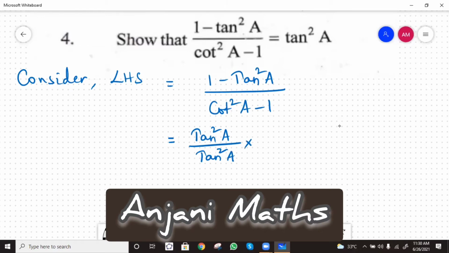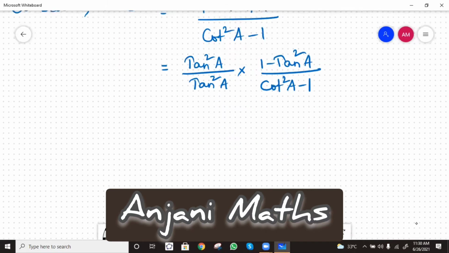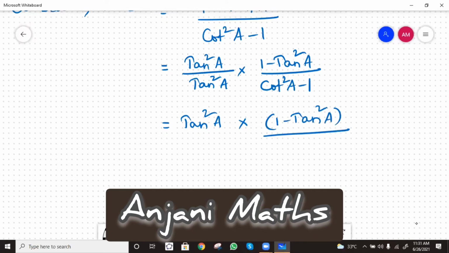We are multiplying and dividing with the same value. 1 minus tan square A divided by cot square A minus 1, that is equal to tan square A into 1 minus tan square A. What is the denominator? We have tan square A into cot square A minus 1.